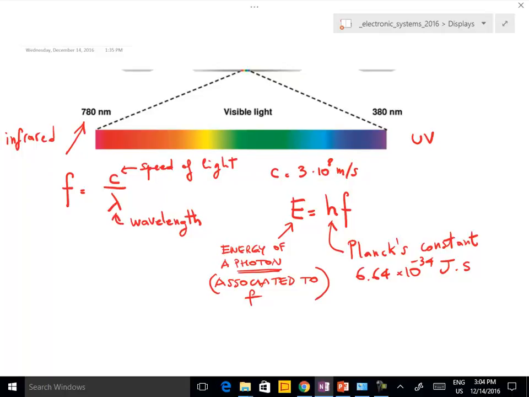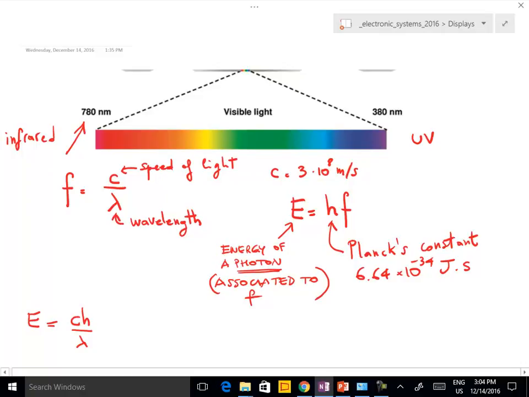So, if we want to know the energy of a photon corresponding to a given wavelength, we just have to substitute this expression for f in the formula on the right, and we have something like E is equal to ch over lambda.